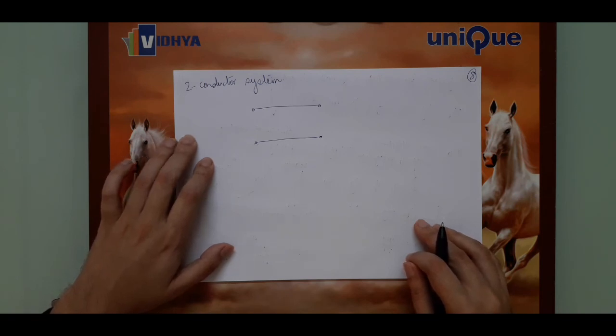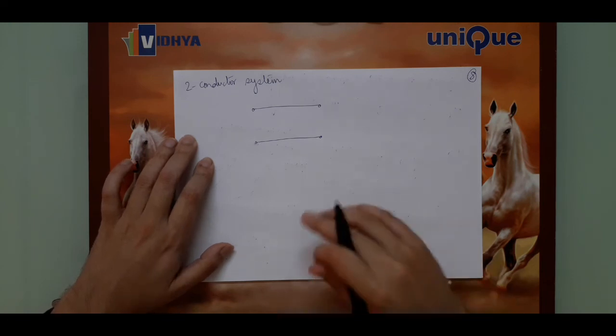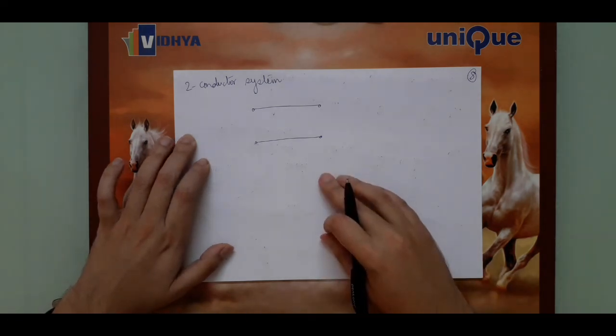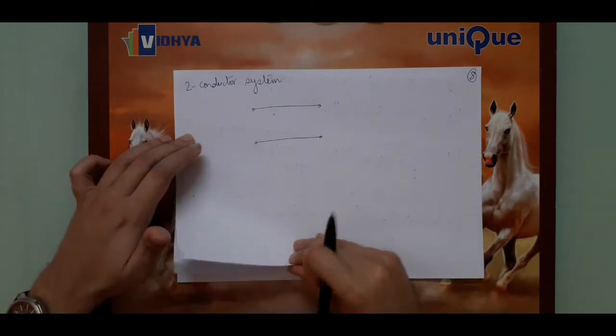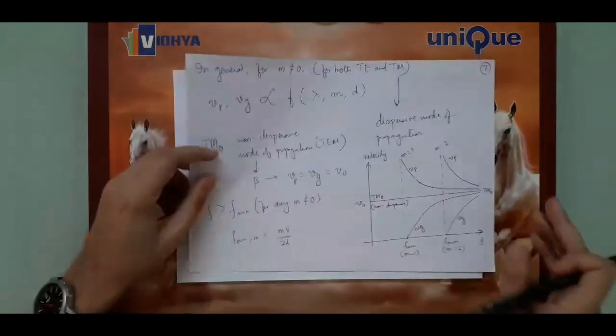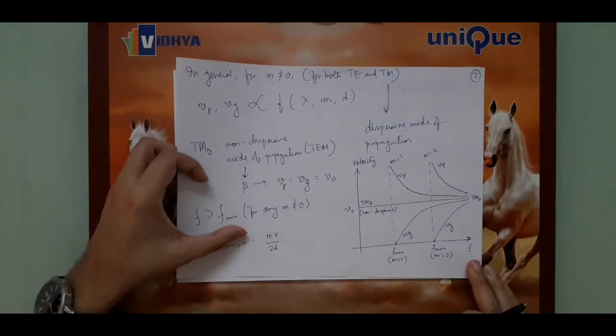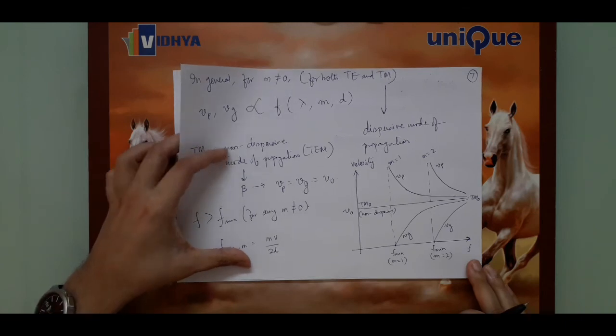Yes, there is. Although when we were discussing transmission lines, we did not explicitly mention it because we were not aware of these phenomena at that time. So now, suppose I give you this graph, the velocity versus frequency graph, and I tell you, choose the best possible mode.